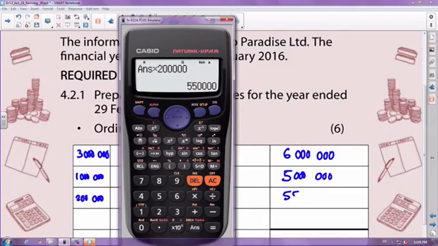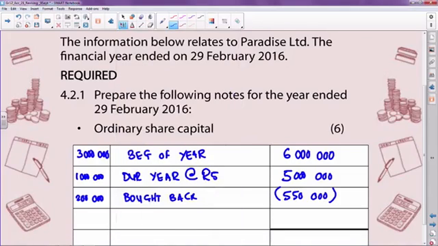Okay, guys, now what is the 550,000? The 550,000 is the buyback of my shares at the average price, and that's what's important. The moment you have a buyback, the first thing that you do is calculate your average. What did I do? I took the monetary value of the shares, which was 11 million, and divided it by the number of shares issued, which was 4 million. Watch.